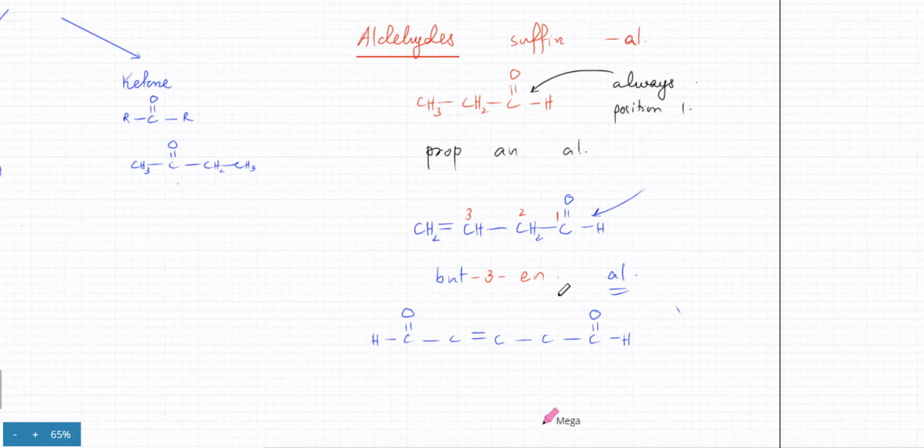Right after this, we're going to study multiple functional groups. A molecule can have an alkene, it could have an aldehyde, it could also be a ketone at the same time, it could also be an alcohol at the same time. So if a molecule has lots of functional groups, how do you name that molecule? What would you call it? Going ahead, we're going to study that not all functional groups are equally important.